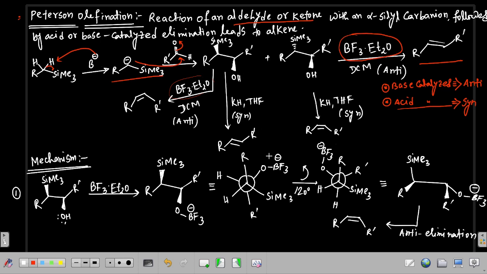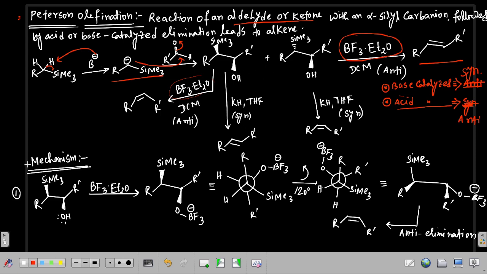And in case of base catalyzed reaction, both the SiMe3 (TMS) and the hydroxyl group should be syn to each other, then only will elimination happen.